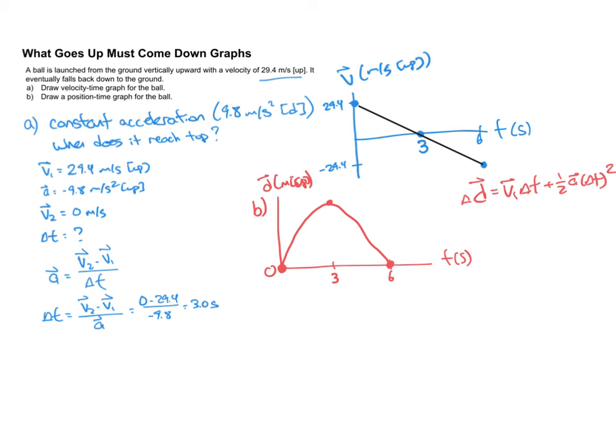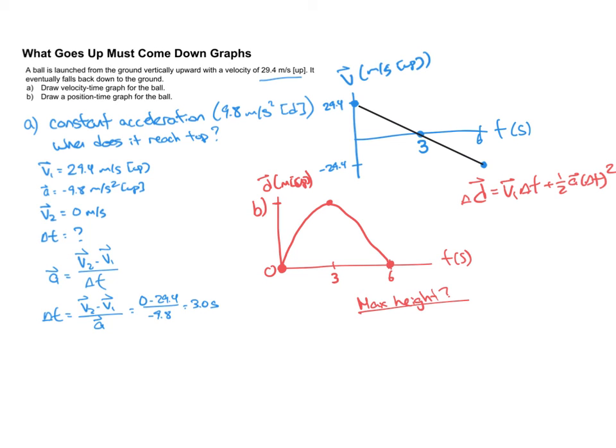Now, one more detail I would like to add to this graph is the number for the top here. It's going the extra mile to figure out the number that goes there. So what is the maximum height that this ball reaches? Just to practice these maximum height type questions.